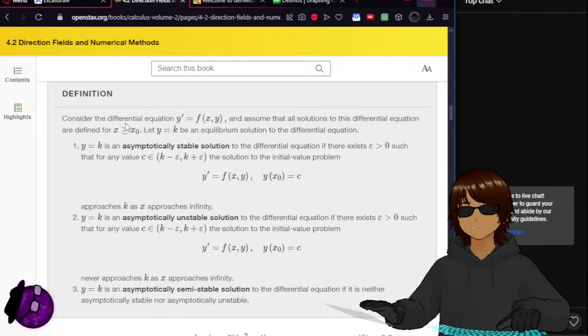Consider the differential equation, derivative of y is equal to f of x and y. Assume that all solutions to this differential equation are defined for x is greater than or equal to x naught.